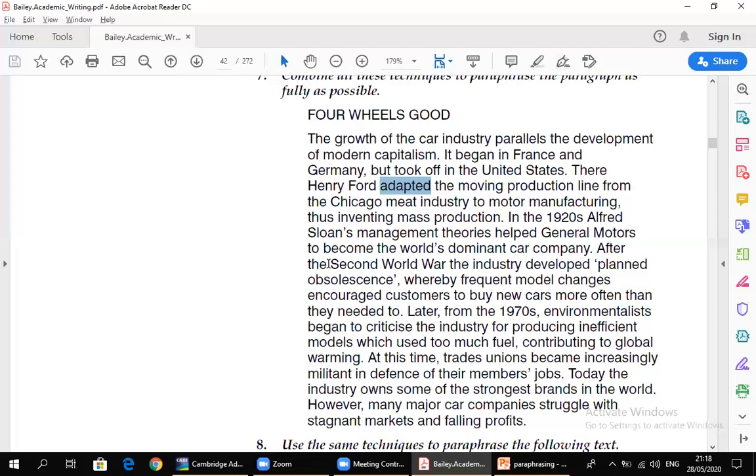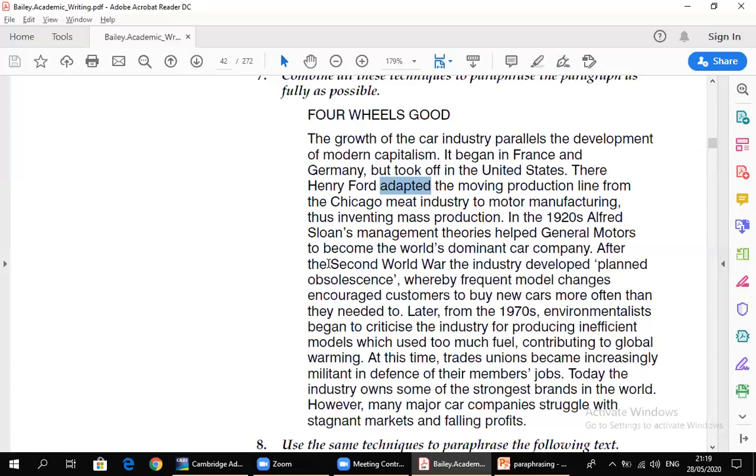Well, actually, here he left meat industry and he went to car industry or motor manufacturing, because modifying means to upgrade or to update, but he didn't update this. He changed the whole field. Do you see where I come from?